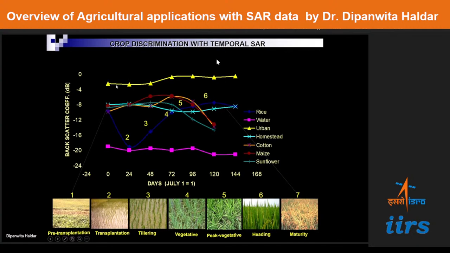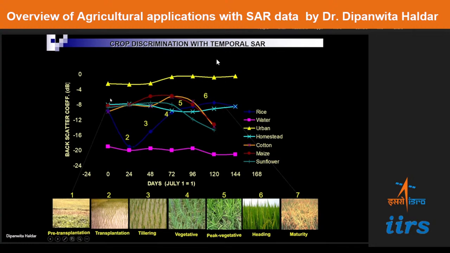This yellow triangle-jointed line is for the urban patch. Intermediate will be the crops, which will have neither very low nor very high backscatter. For other crops like cotton and maize, you will have comparatively higher initial backscatter than paddy. Paddy has very low initial backscatter due to the standing water.